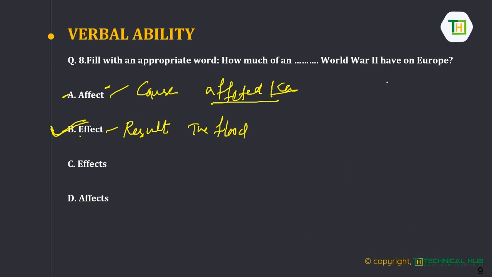Nobody knows how many people died in World War II, but India contributed almost 2 crore soldiers, and most of them died. Those who returned learned about foreign culture.